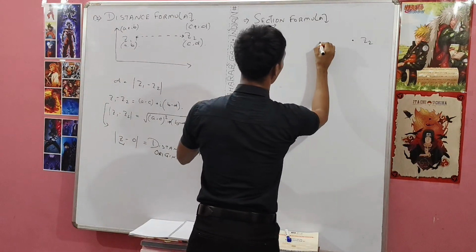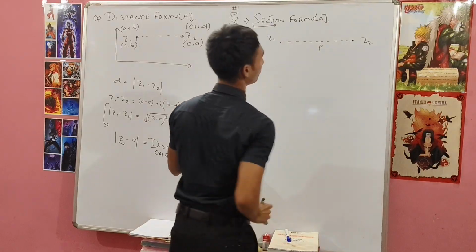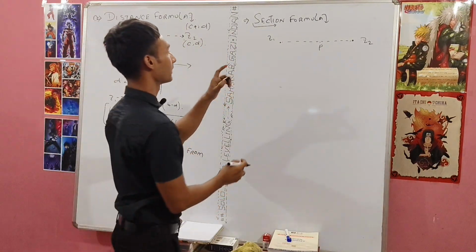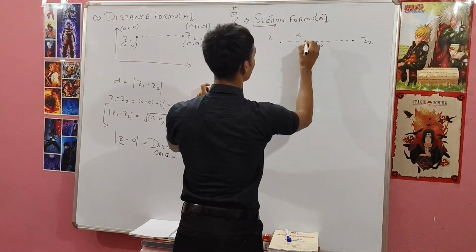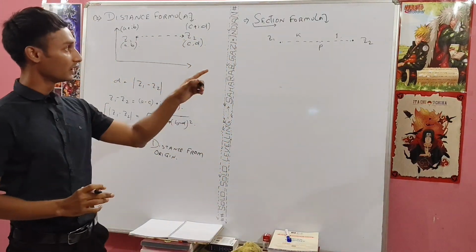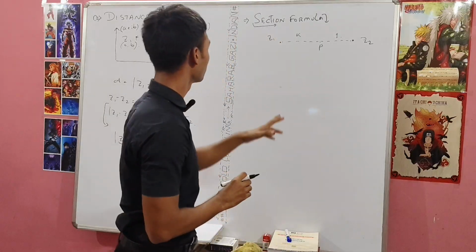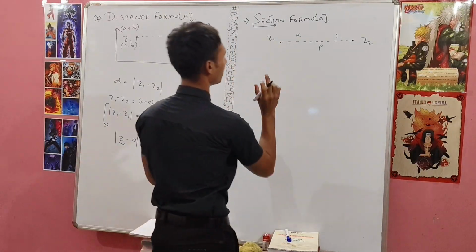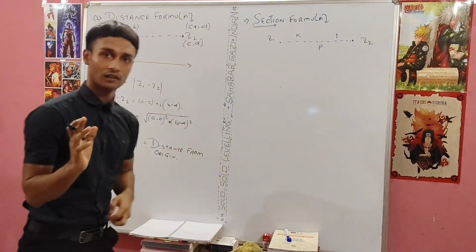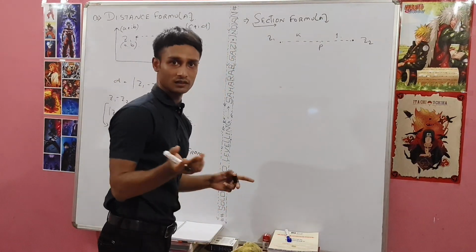Now if this point P, which is also a complex number, divides these two complex numbers in the ratio k to 1, then P is simply the same geometrical phenomenon as normal Cartesian coordinates.